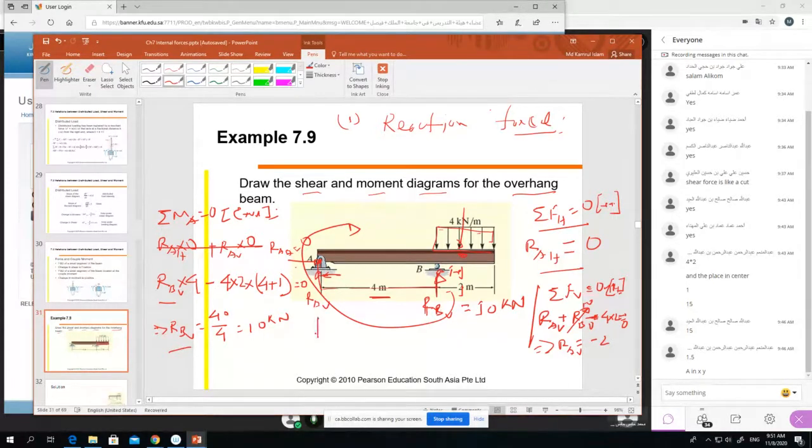That means RAV will be negative, minus 2. Now tell me, are you clear about how to calculate the reaction force?